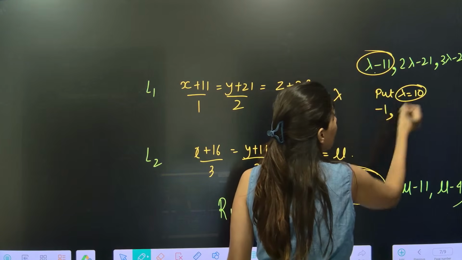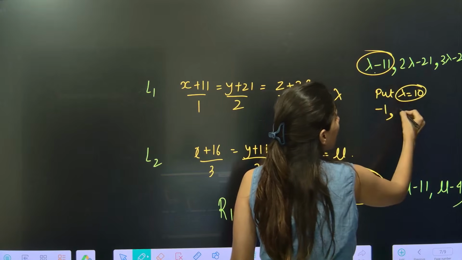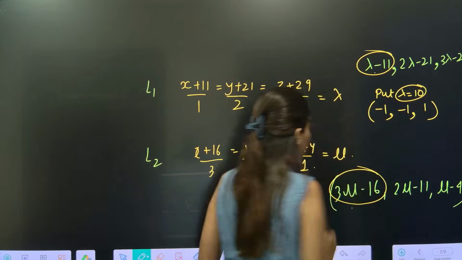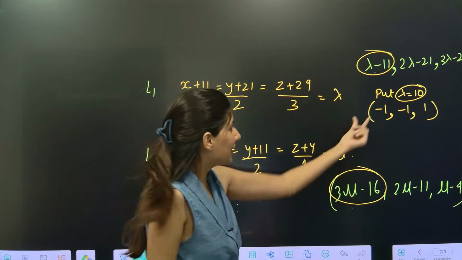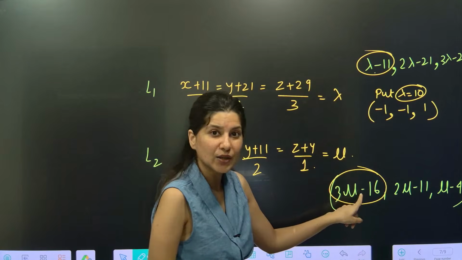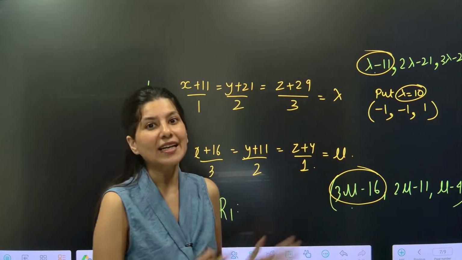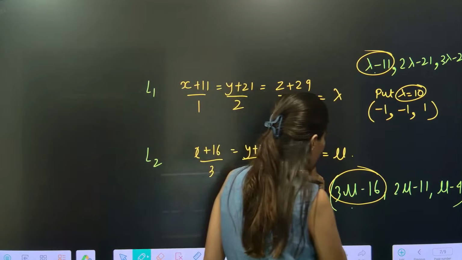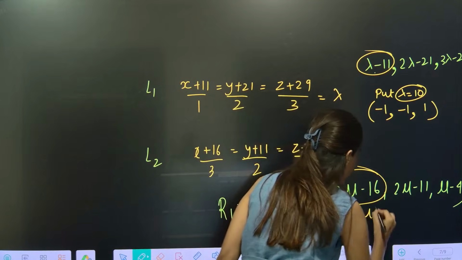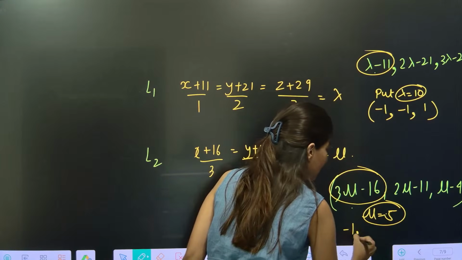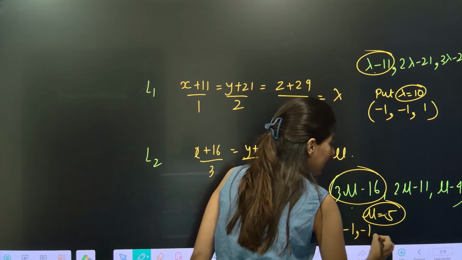Minus 1, 10, 20. So, minus 1 and 1. And here, you are getting minus 1. If you equate, on what value of mu will you get minus 1? So, mu will be 5. If you put mu equals 5, what will you get? 15 minus 16 is minus 1, then 10 minus 11 is minus 1, and 1.